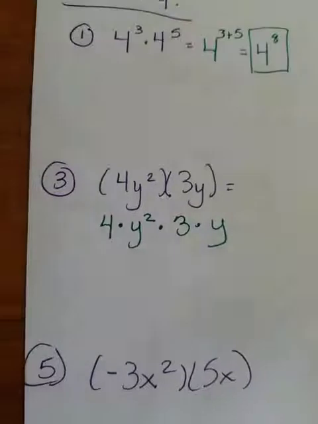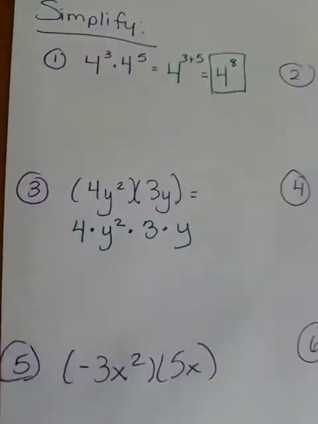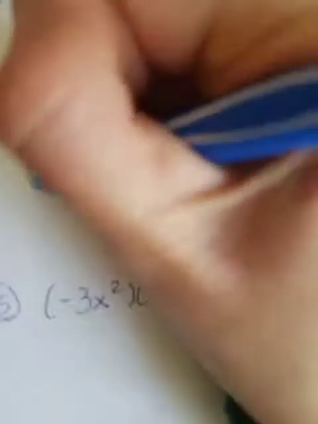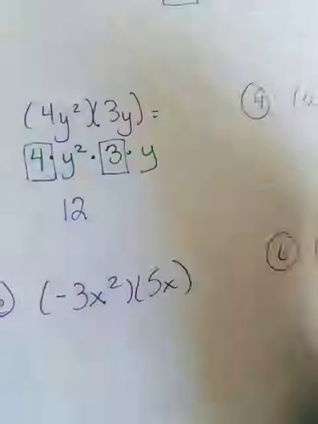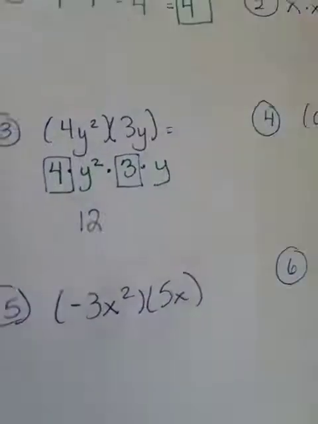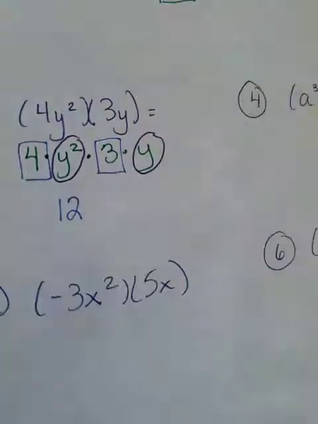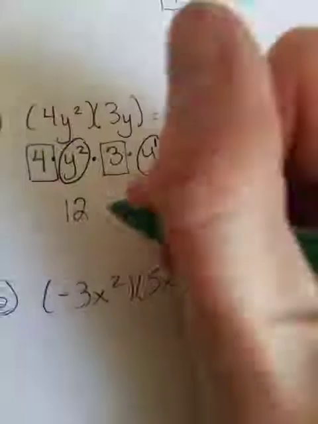So when you have a problem like this with numbers and variables, I recommend that you first multiply your numbers together. So to help people, I'm doing 4 times 3. That's just regular multiplication. That's 12. Now look at your variables that are the same. You have a base of y squared and y. Remember, that second y is really y to the 1st.